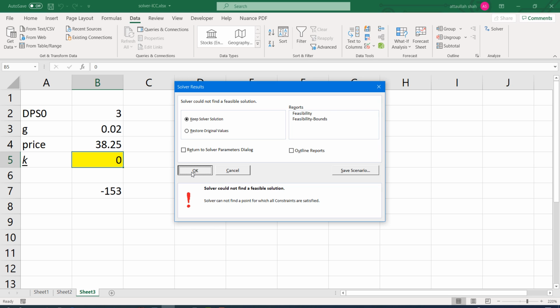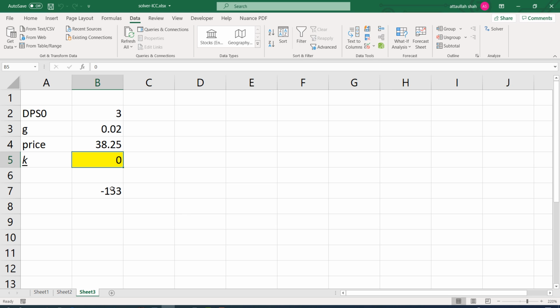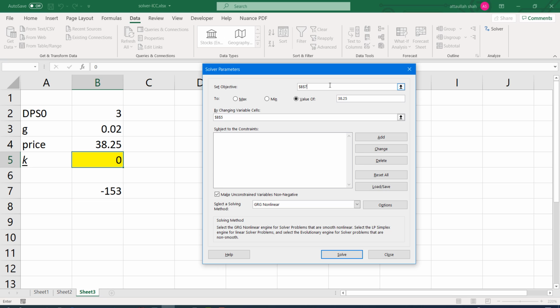Okay, it couldn't find a solution. Let's try it again. Our objective cell is B7. Yes, it is true. And our changing cell is B5.